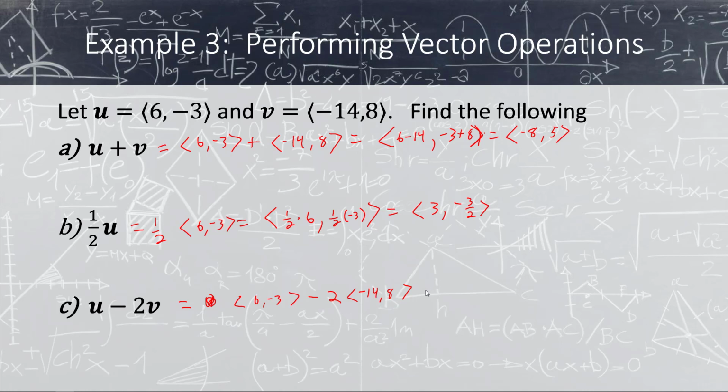Specifically, we want to do the multiplication first. So we will have 6, -3, that doesn't change, minus 2 times 14, which is -28, and then for the vertical side, 2 times 8, which is 16.